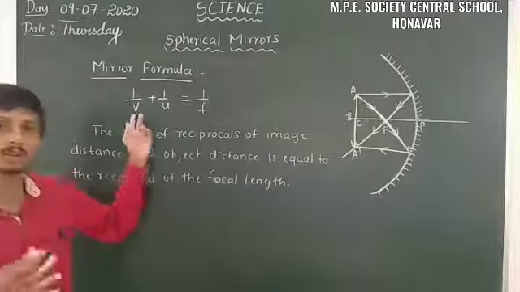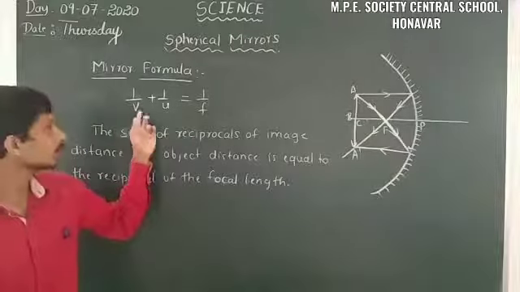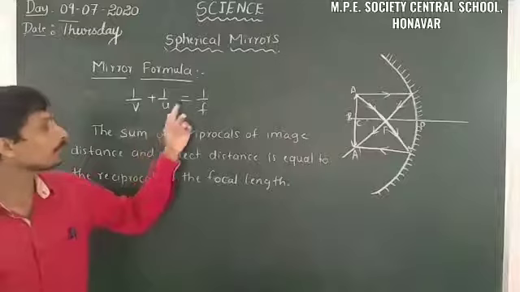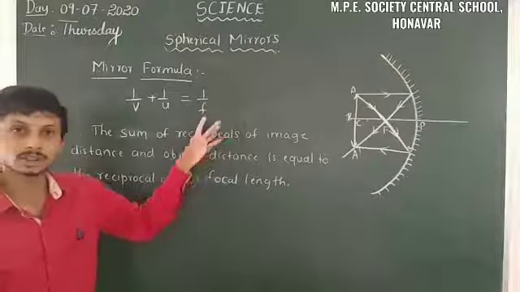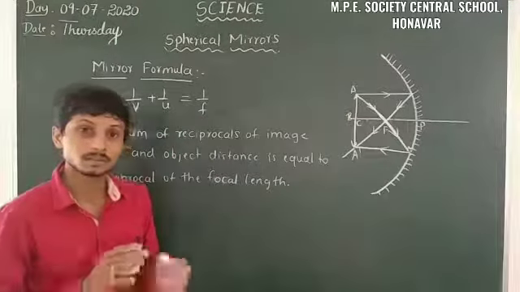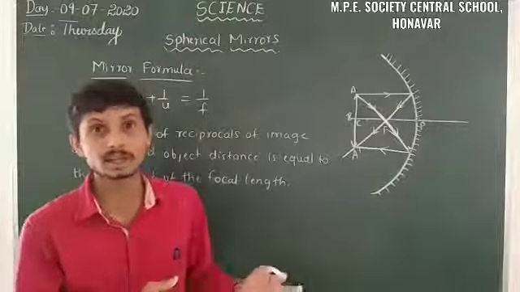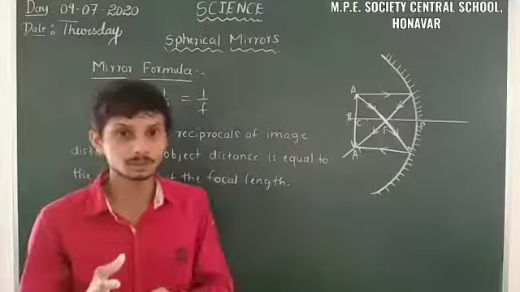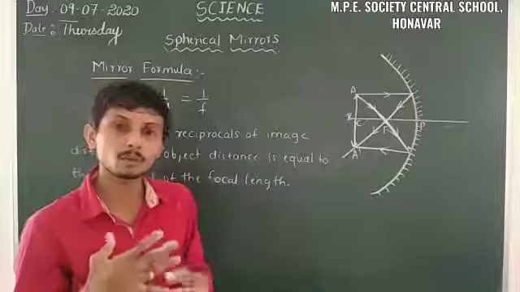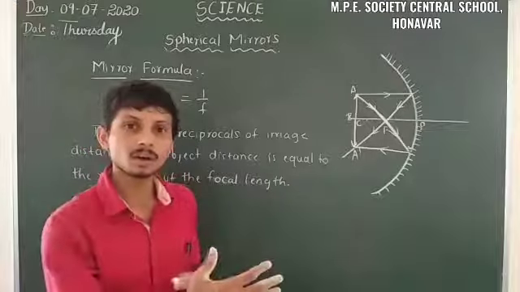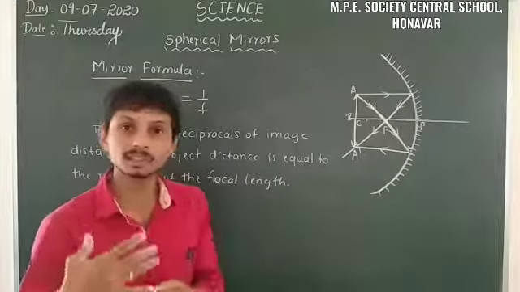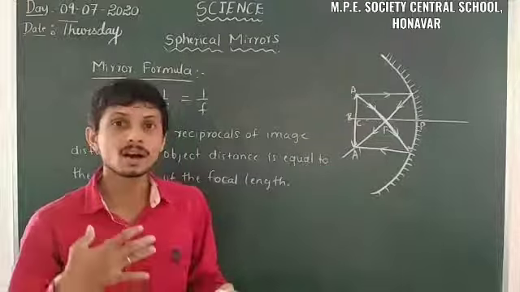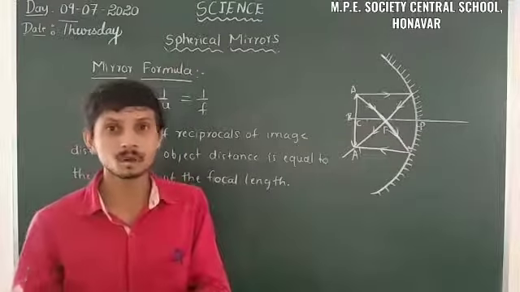For example, we don't know the value of v, but we know the value of u and the value of f. After we have the ray diagram or a situation like that, we have to know where the object is, how much distance the object is, and where the image is formed.